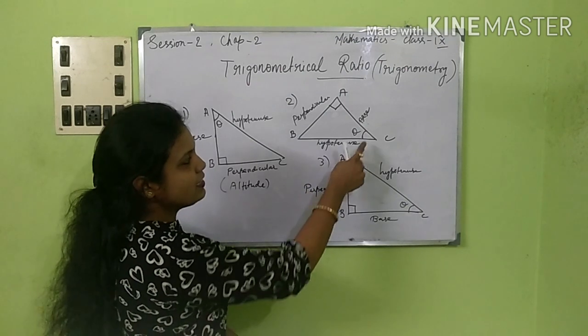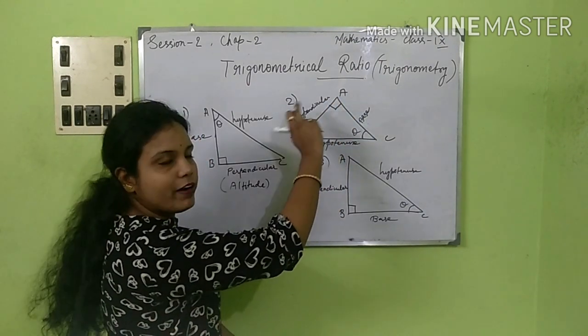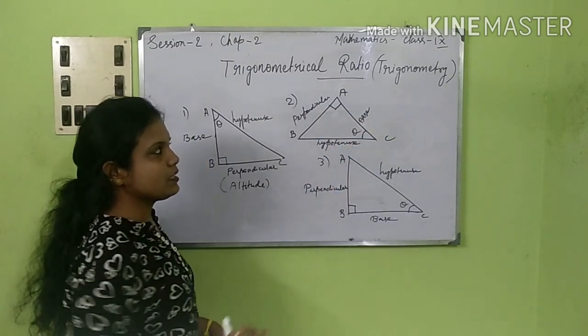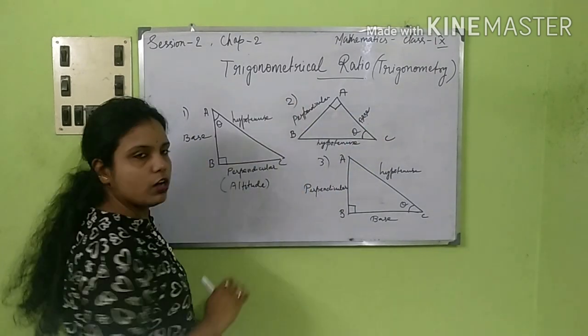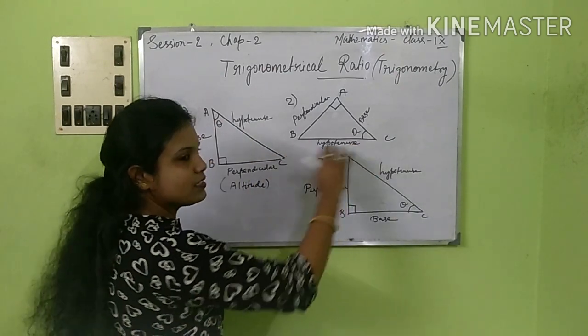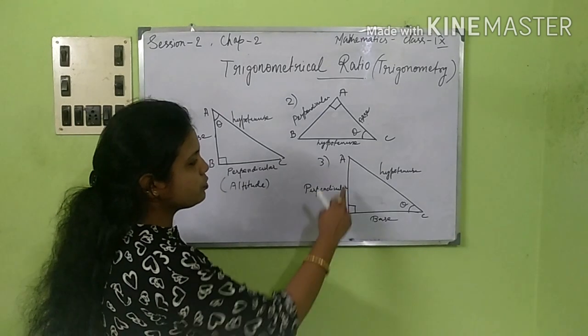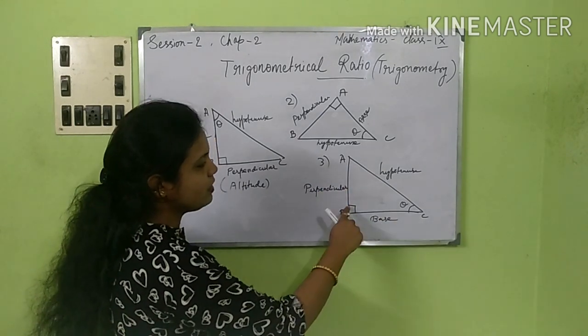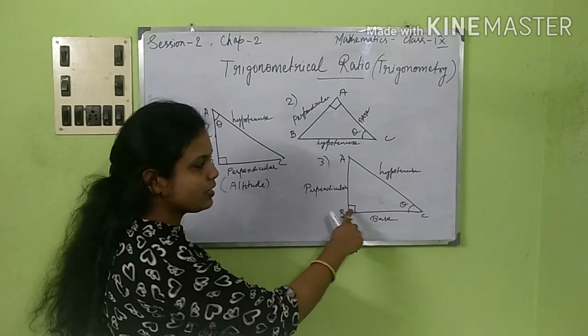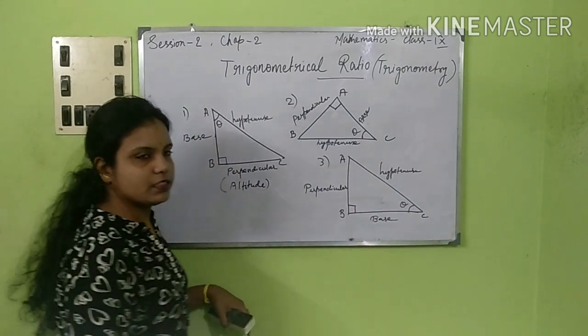Next, as I said, wherever this acute angle is with the right angle, that side will be considered the base, and the other side will be the perpendicular. And you can see the longer side will be the hypotenuse. Similarly, in this other triangle, the angle at B is the right angle, and at C we have taken theta as the angle.